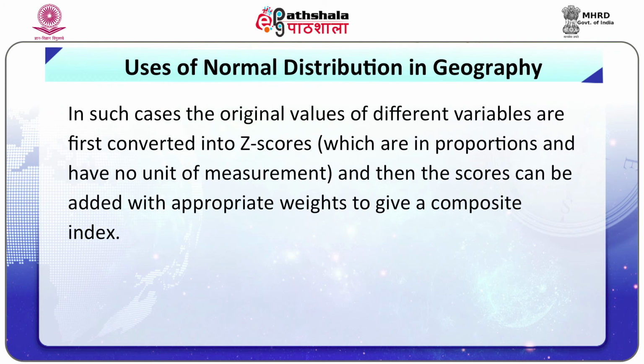In such cases, the original values of different variables are first converted into z-scores, which are in proportion and have no units of measurement, and then the scores can be added with appropriate weights to give a composite index.